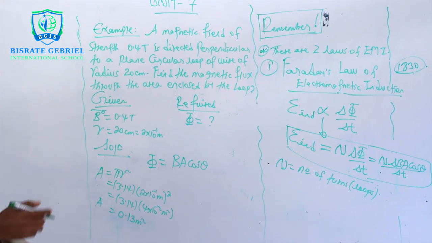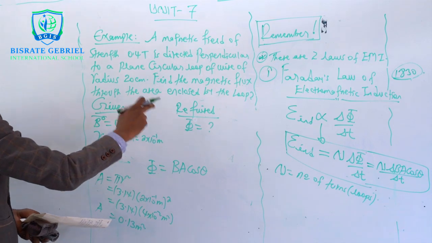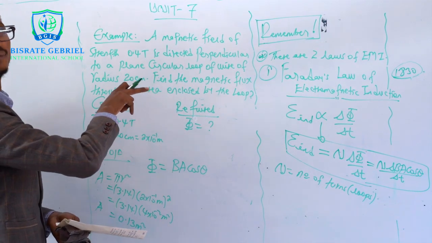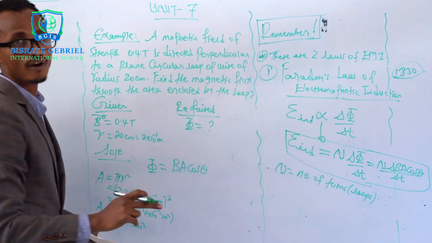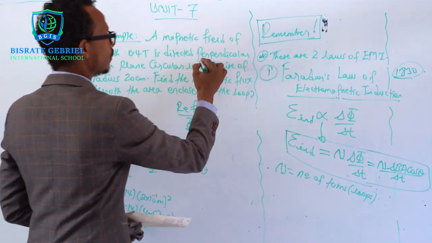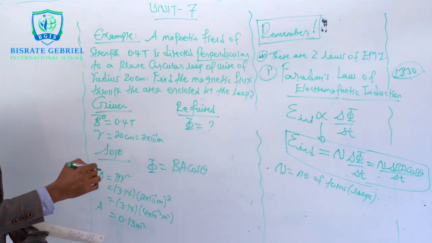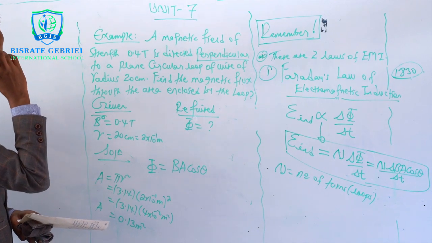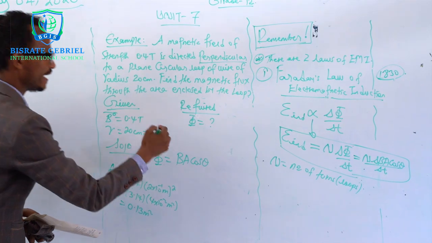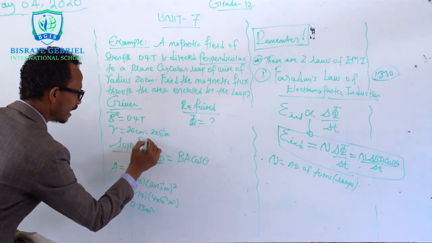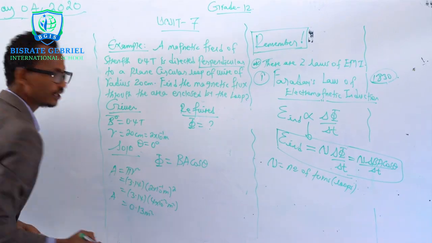The other quantity is the angle that the magnetic field makes with respect to the normal of the circular loop of wire. It is perpendicular, which means the angle is 0 degree.